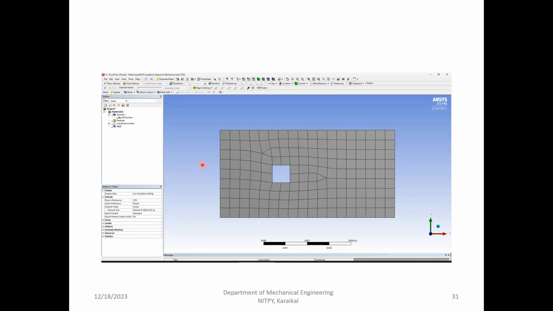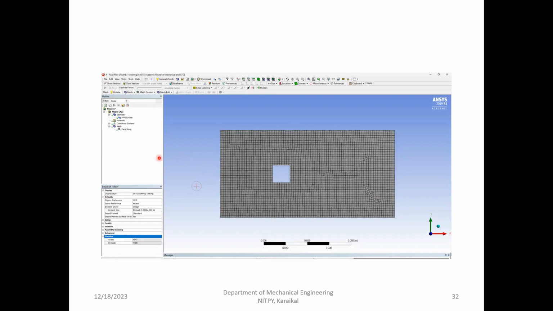You can see that this mesh is not very smooth. I have triangle elements here, and I don't like this mesh because it's not uniform. But with the mesh controls option in Fluent, you can specify the size of the elements. I'm going to go with face meshing with a 1 mm mesh.